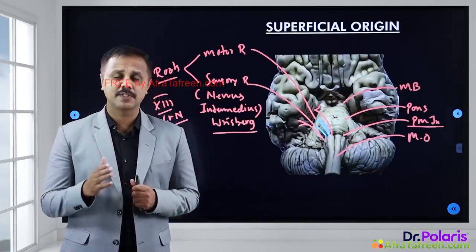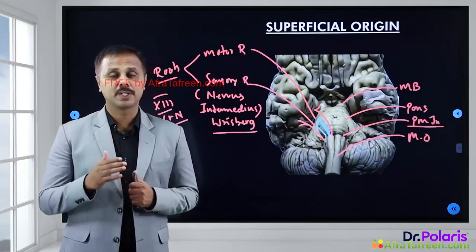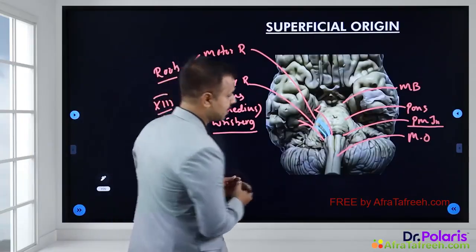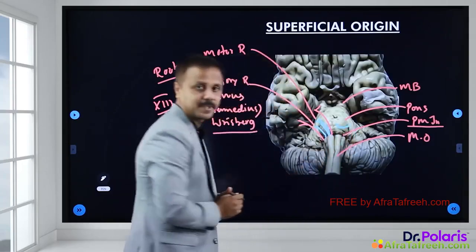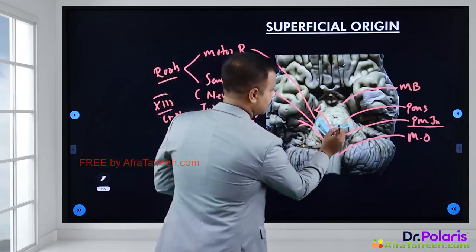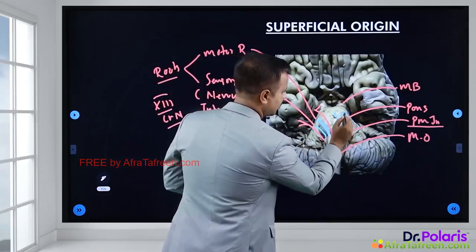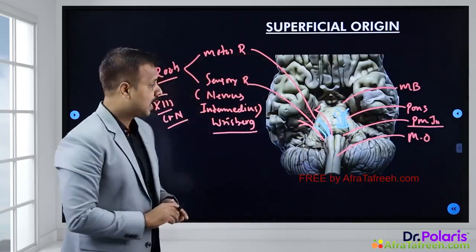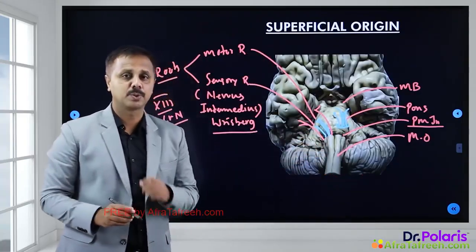Trigeminal nerve is the chief sensory nerve of the face. So in case of trigeminal nerve, the sensory root is larger. But even in trigeminal nerve, let's imagine this is where the trigeminal nerve is attached. The trigeminal nerve will have a small motor root which is present medially and a large sensory root which is present laterally.